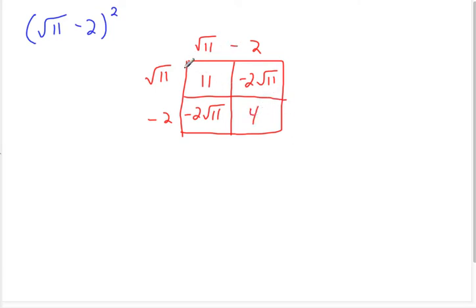So because when these radicals multiply together we lose the radical, these now can be combined along with those. So 11 plus 4 we know is 15, and then negative 2 root 11 minus 2 root 11 is minus 4 root 11, because these are like terms.